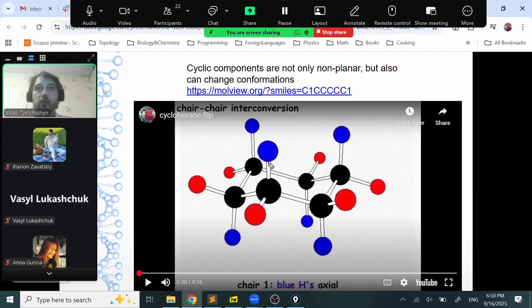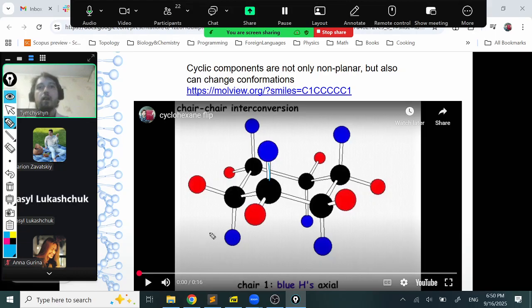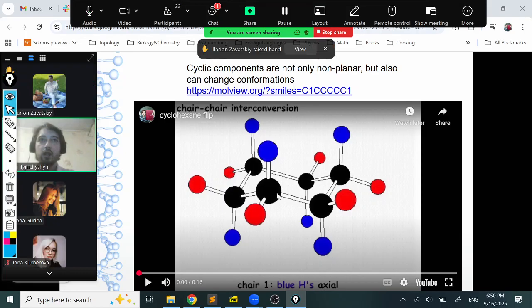You see that bonds to these hydrogens are sort of vertical. So they are perfectly vertical. These are axial hydrogens. Hydrogens designated with red are called equatorial. So they are in equatorial position. I know it may be a little bit too complicated to trace whatever happens here.